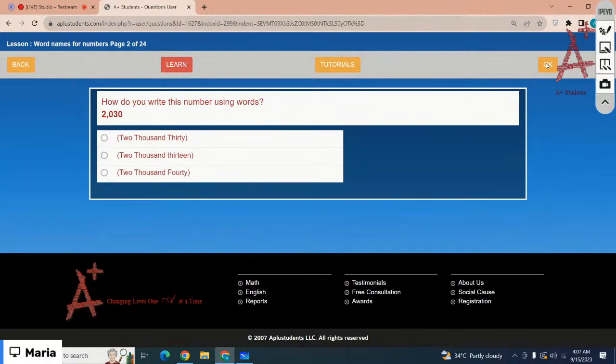How do you write this number using words? Which is the correct option? 2030. How do you write this number using words? The correct option is 2030. Option number 1 is the correct option. Very good.